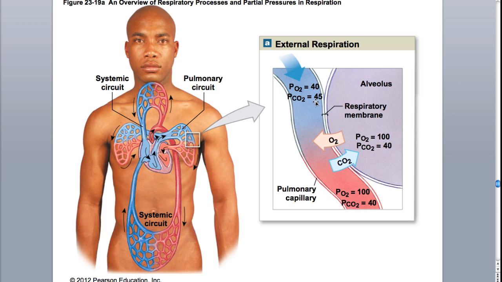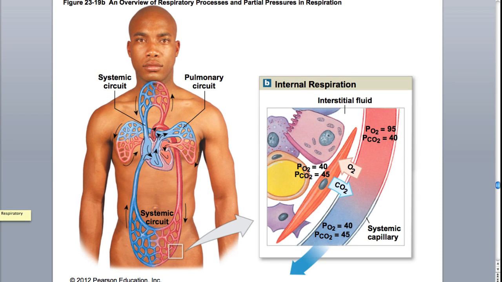For CO2, it's 45 wanting to go towards what? 40. This right here explains why CO2 wants to go into the alveoli and why oxygen wants to go into the blood. 100 versus 40 and 45 versus 40. That's the driving force. Next slide.